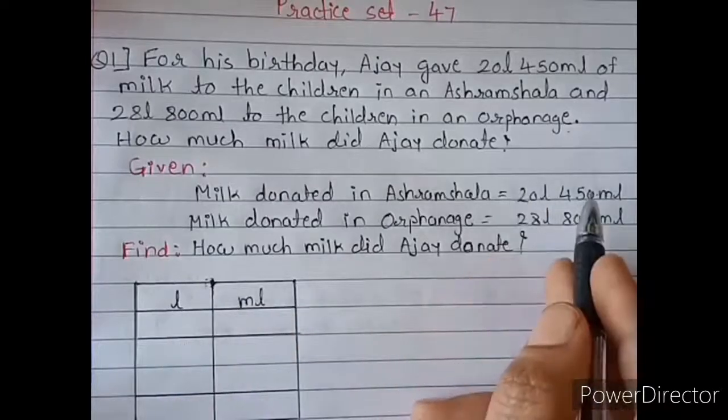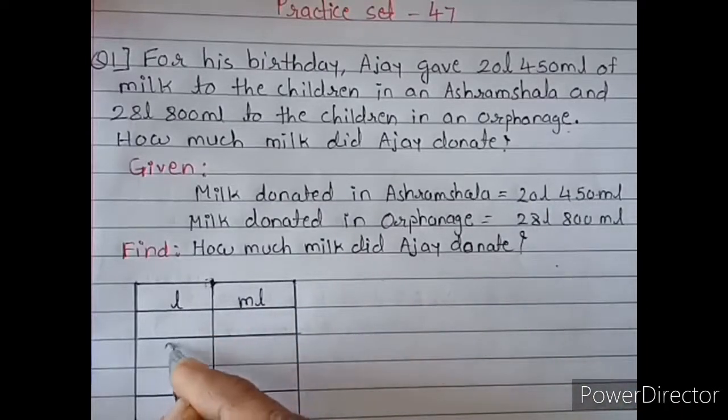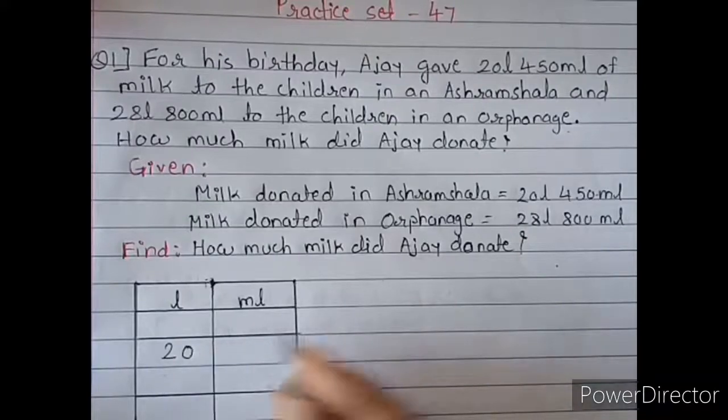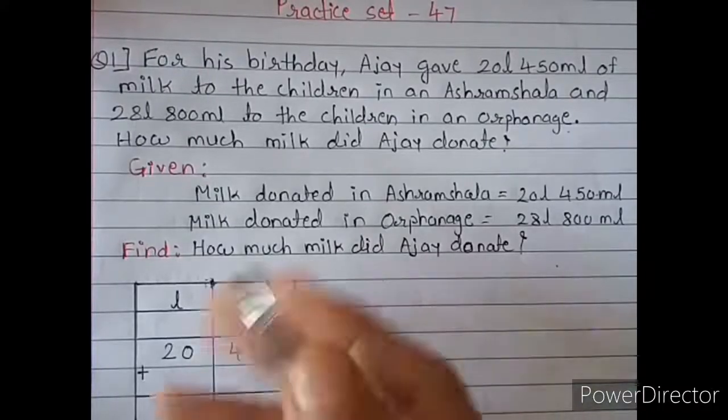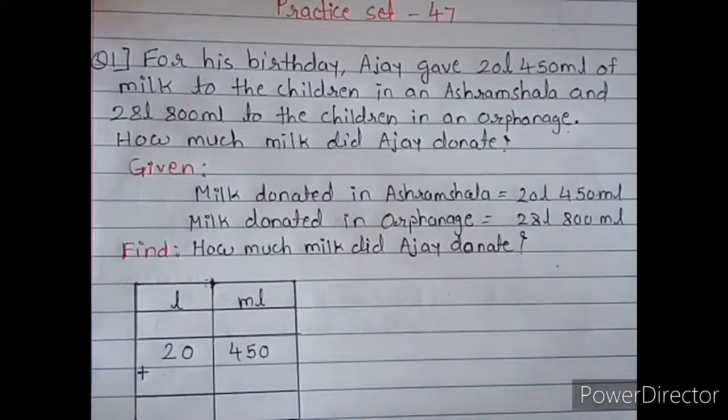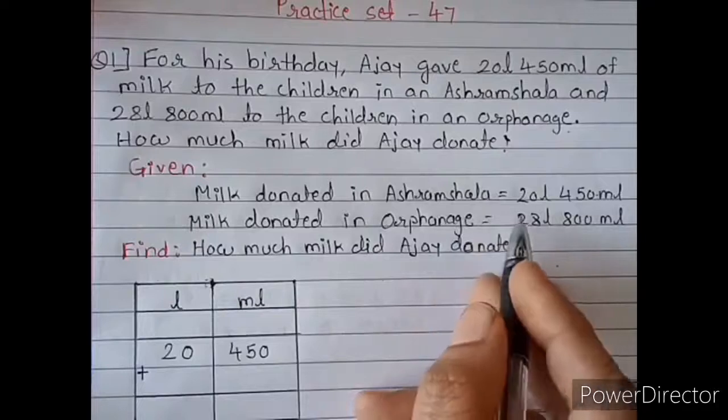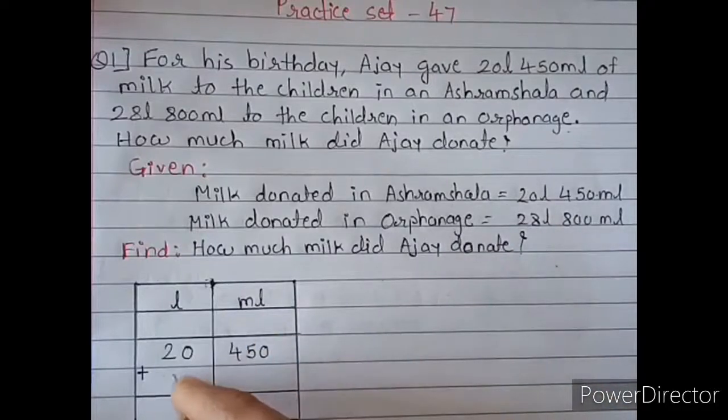20 liter 450 milliliter was first donated to the ashram shala. So write down that figure. Then we have to add this, because we have to find out the total milk he has donated. Then the second figure, milk donated in orphanage, 28 liter 800 milliliter.